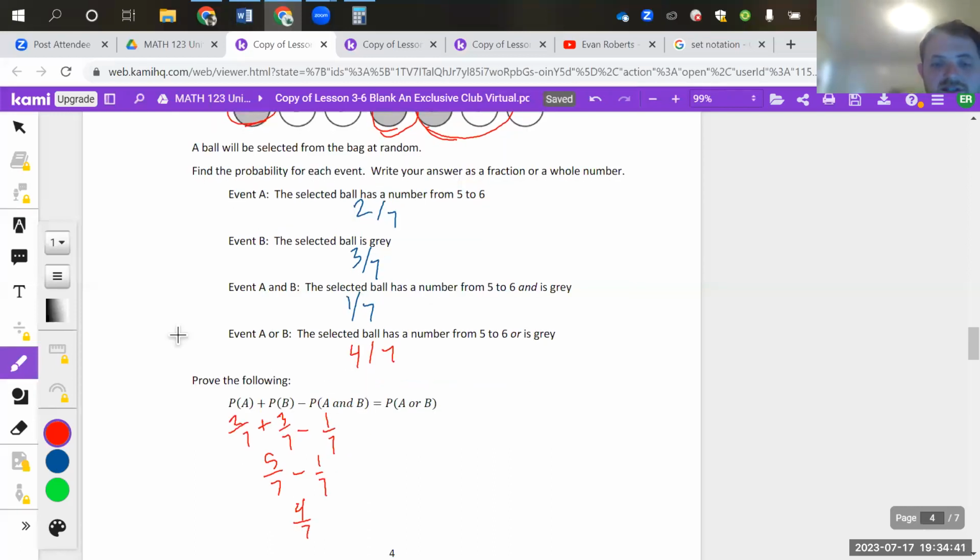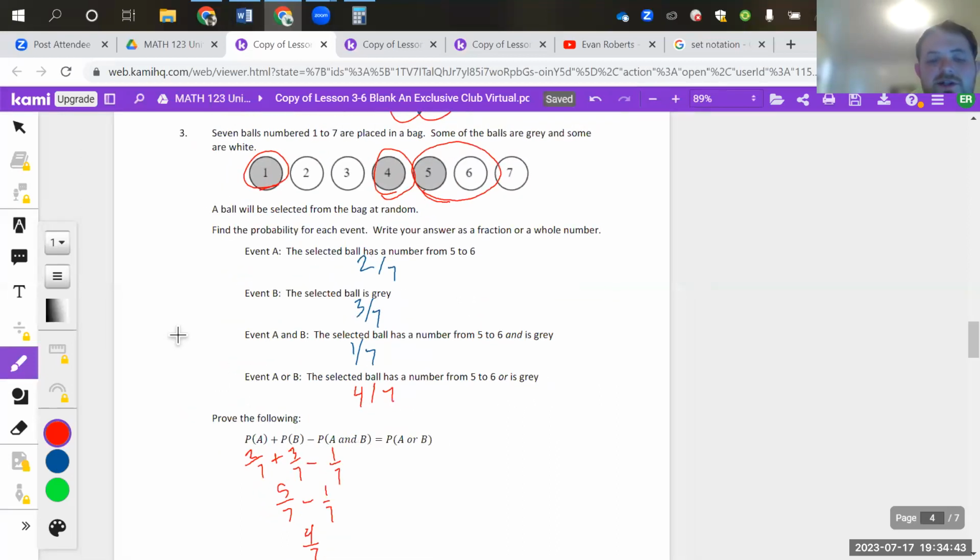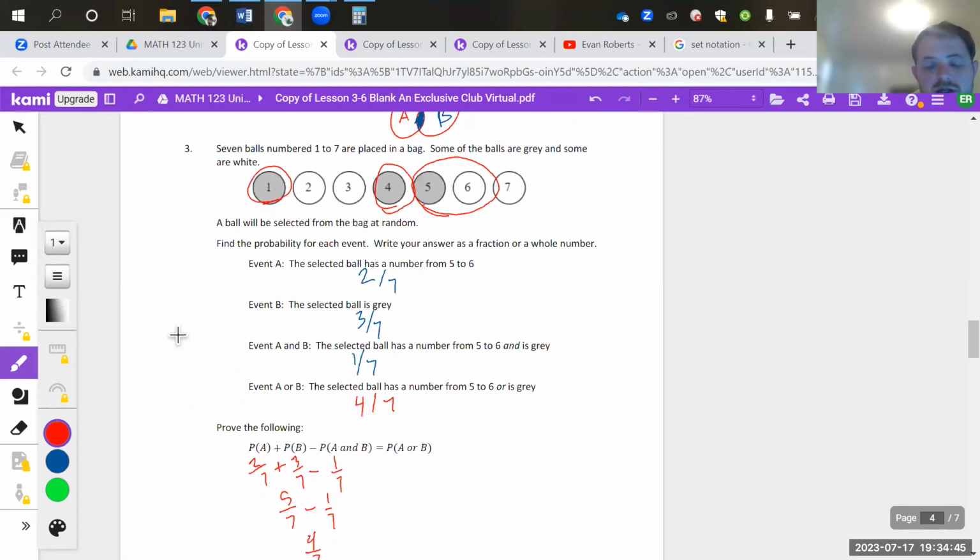So essentially what this is trying to show you is that the formula does work. And it tried to break it down in a simple way, just 7 balls, some are gray, some are white. Because there was that overlapping scenario there where, if you had A and B again, the probability of A happening was 2 out of 7.